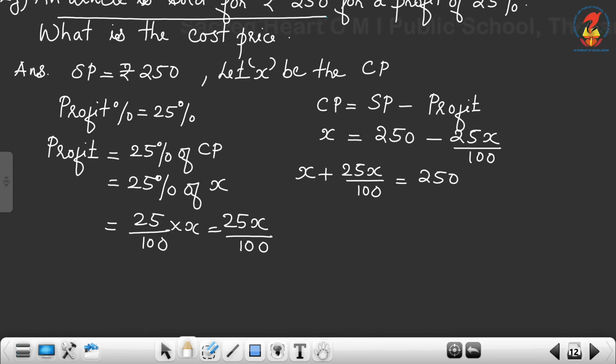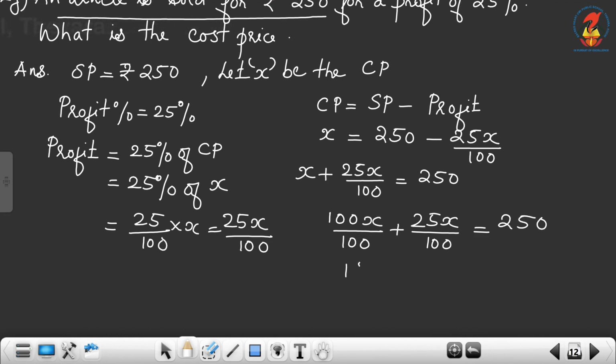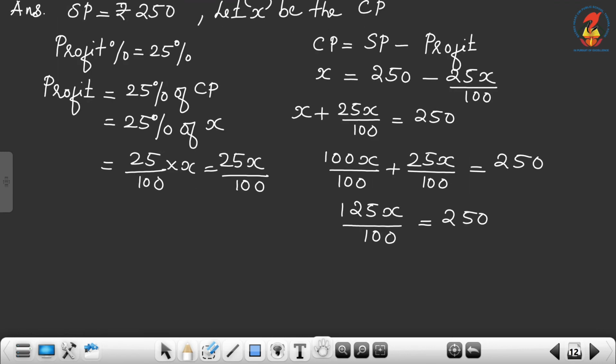Now we can take a LCM. So 100 is the LCM, so we can write it as 100X by 100 plus 25X by 100 equal to 250. Then 125X by 100 equal to 250. So we can cross multiply. 125X equal to 250 into 100.